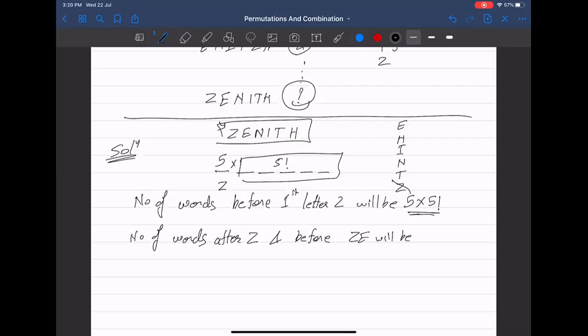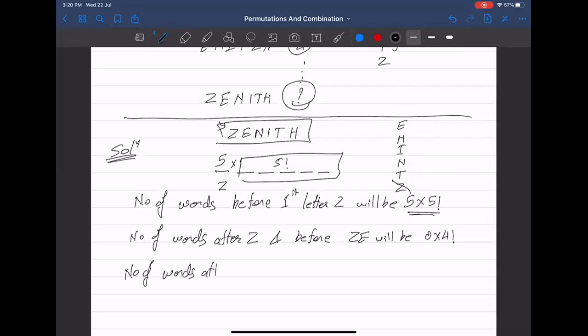So look at this line, और इसमें देखो कि where is my E? E के पहले कितने words हैं? सर, E के पहले कोई भी नहीं है. So don't worry. That means ZE will be the first word and it will be 0 into 4 factorial. Okay. Number of words अभी clear हो जाएगा.